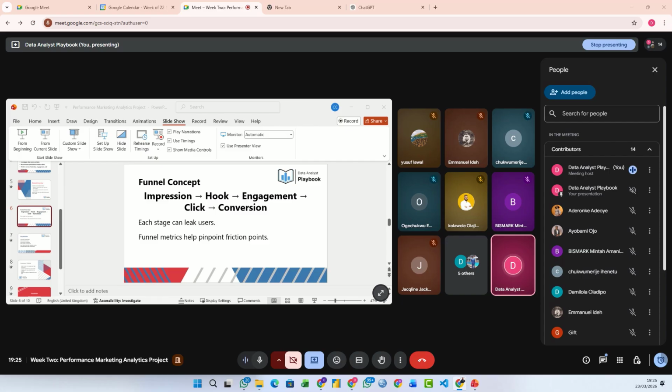I know a lot of us will be asking what do we mean by leak users? You can miss user decision points. So what hooked them? If it is in the first 5 or 3 seconds that hooked them, you should try as much as you can to pass on the message that can make these people click in those first 5 seconds that hook them.